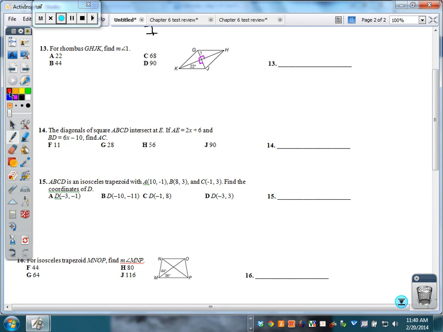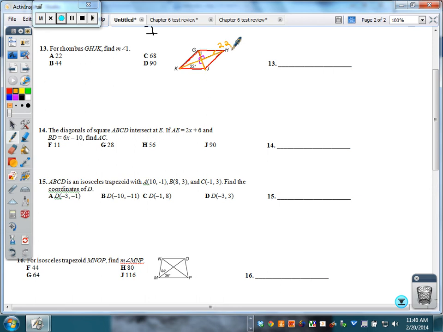The diagonals also create congruent triangles. So this triangle is congruent to this triangle, and then we have 4 congruent triangles. So then this 22 right here is going to correspond to right here, which is going to be 22.